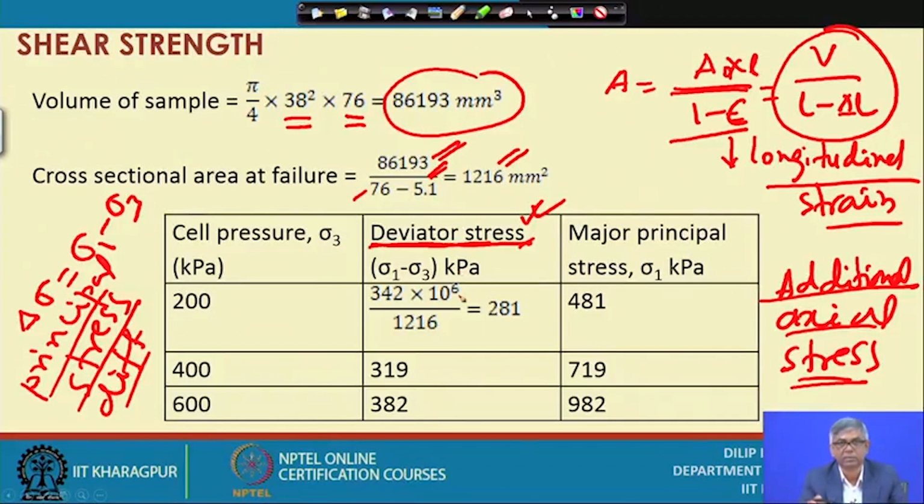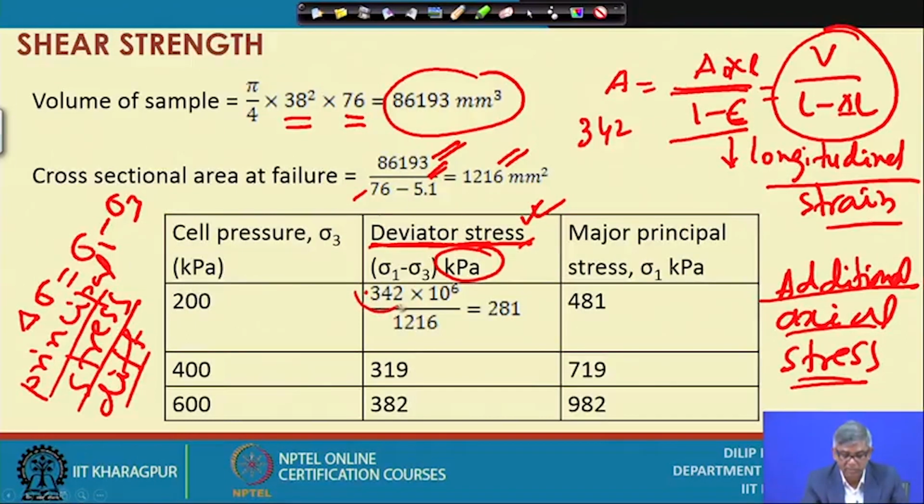If I go back to the data, it was 342 Newton, and this must be 0.342, and this is actually meter square. Ultimately it is expressed in kPa.